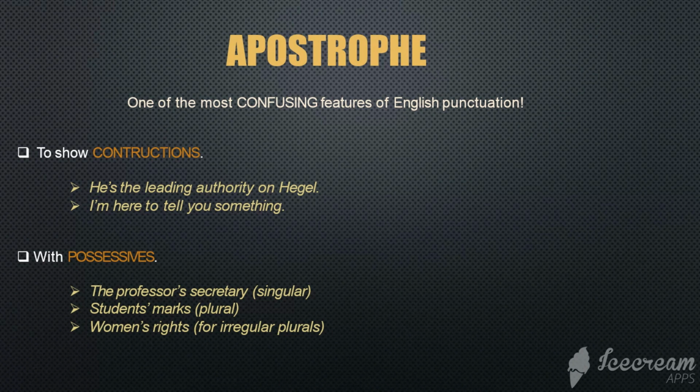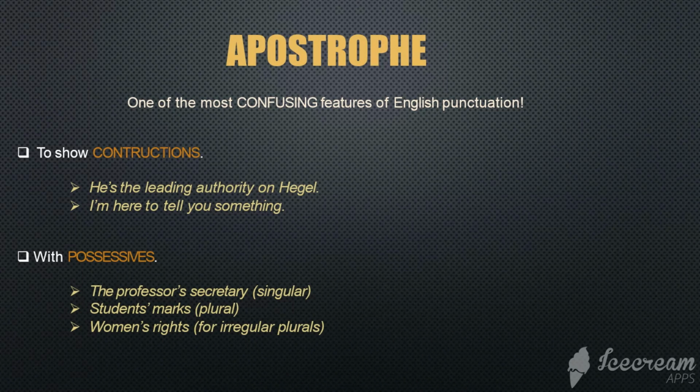He's the leading authority on Hegel. He's here is used for contraction, meaning there is a letter that is missing. He's means he is. He is the leading authority on Hegel.